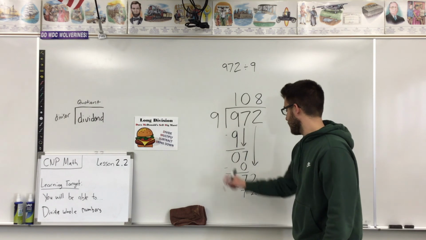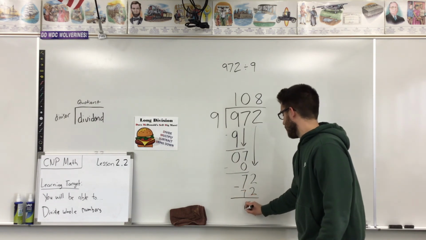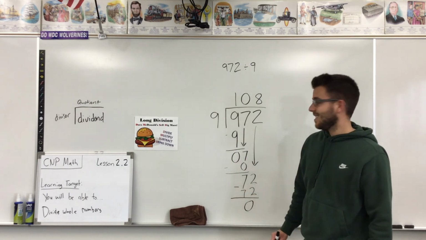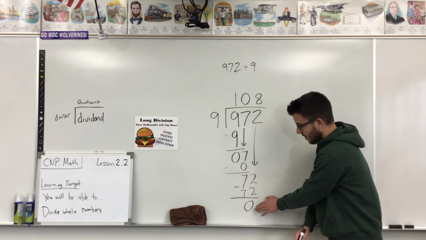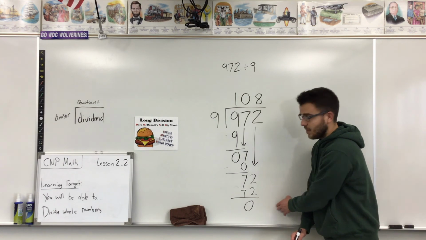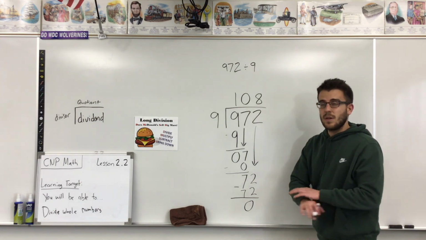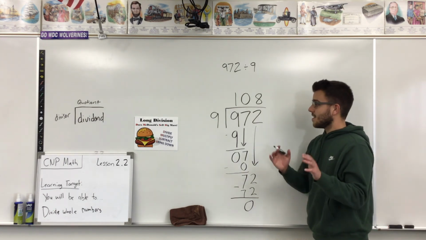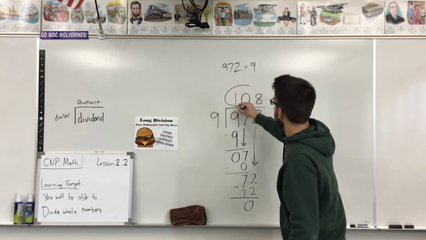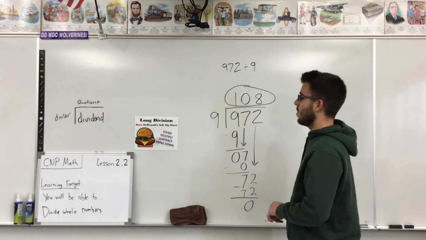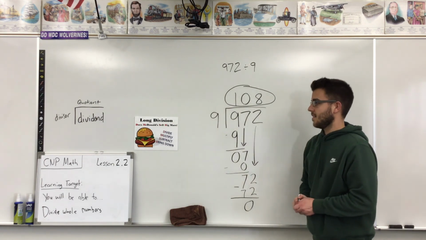We subtract. 72 minus 72 is 0. So we brought all of our numbers down. We are left with 0 on the bottom, which means 0 is our remainder. We don't have a remainder. There's nothing left to do on this division problem. So our quotient, or our answer, is 108.